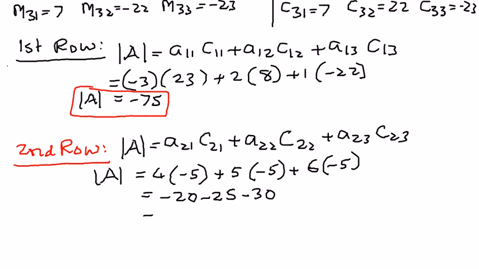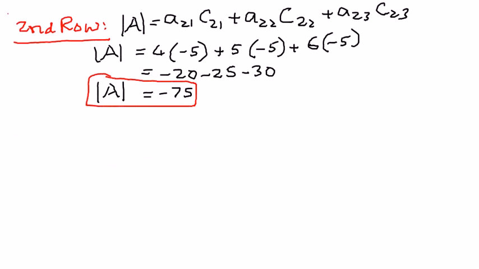Therefore, when we combine all of this, the determinant of A is going to be equal to negative 75, right? Same, no matter which way we do this, the value of the determinant is going to be the same. When we expanded it based on the first row, we got negative 75. When we expanded it based on the second row, we got negative 75 as well.